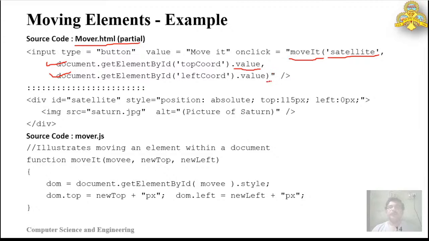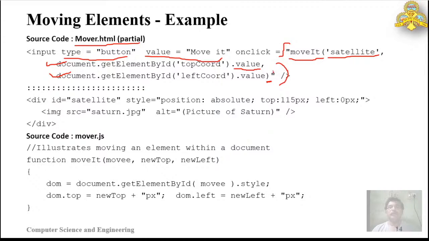So actually here the function calling name ends here. So move it starts here, and since I can't fit this code in one line, it is spread to 3 lines. So input type is button, value is move it, and on click this is the entire code.